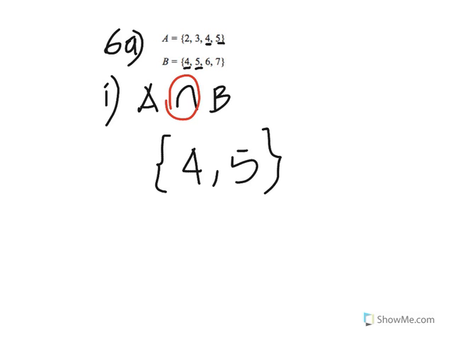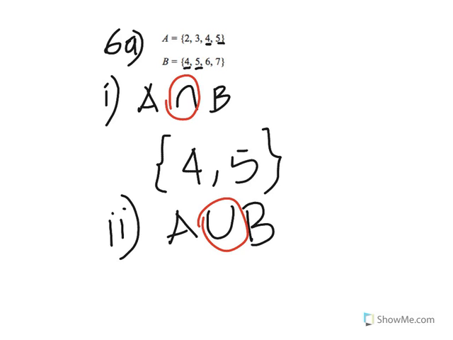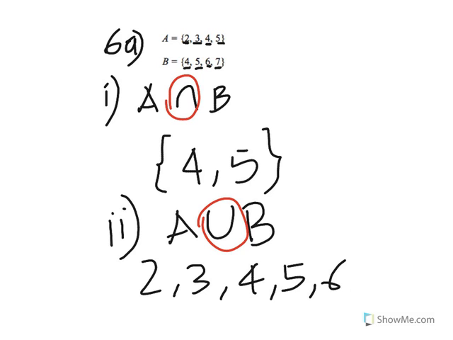Now similarly, the second question is asking you how many members are there in A union B. Now this union means all of the numbers possible in both sets A and B. So first let's decide what members there are in A union B. If you look, 2 is possible in A, 3 is possible in A and B, 4 is possible in A and B, 5 is possible in A and B, 6 is possible in A and B, and 7 is possible in A and B. So 2, 3, 4, 5, 6, and 7 are all possible.